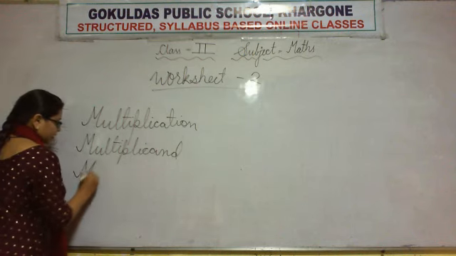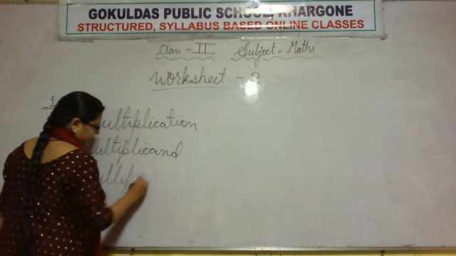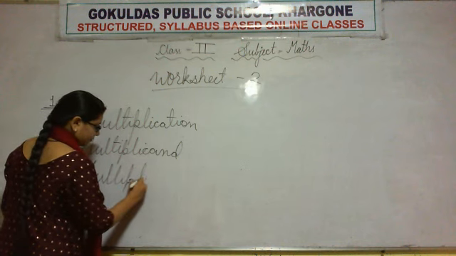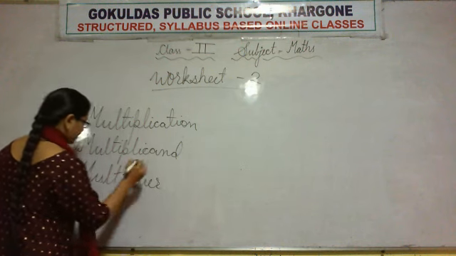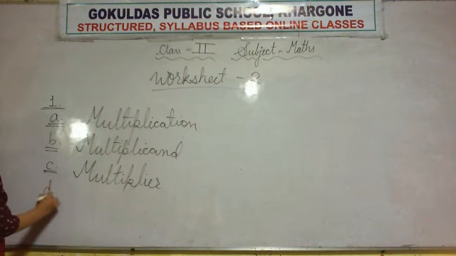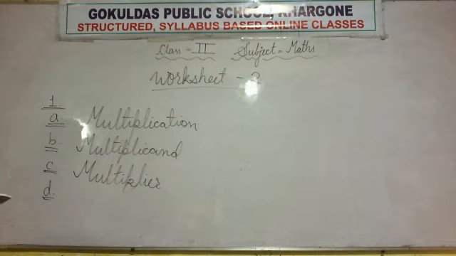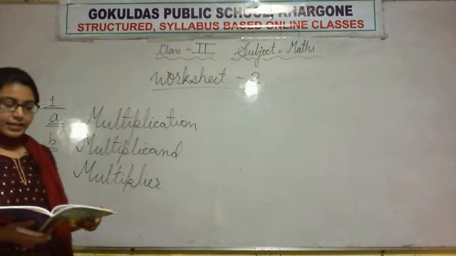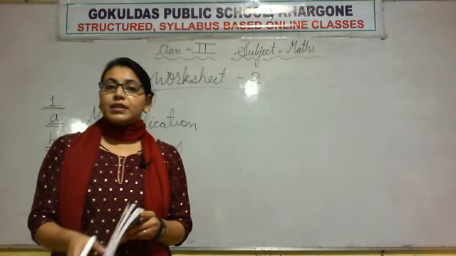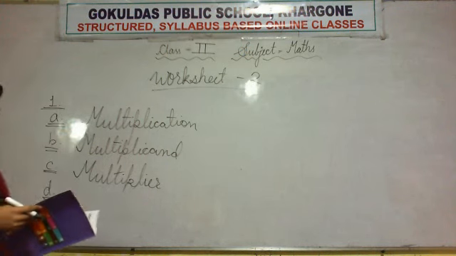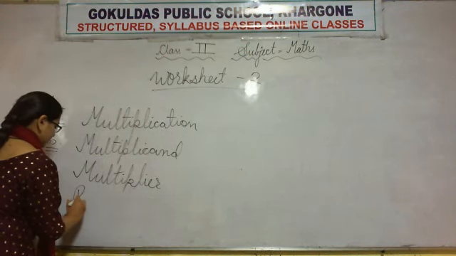So we will write multiplier. The next one: when two numbers are multiplied, the answer is called product.